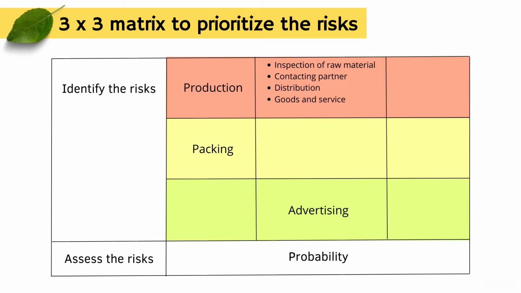For the 3x3 matrix to prioritize the risks, the production is considered the most effective in all of the steps, since it can cause the production step to stop. The cost of inspection, contacting, distribution, goods and services is lower, then the packaging is lower, and next the advertising is the lowest.